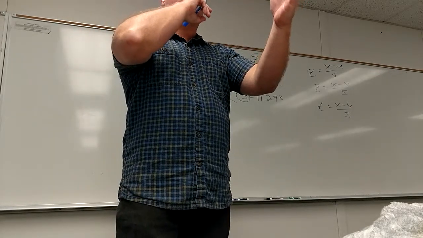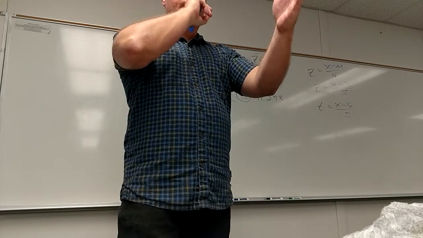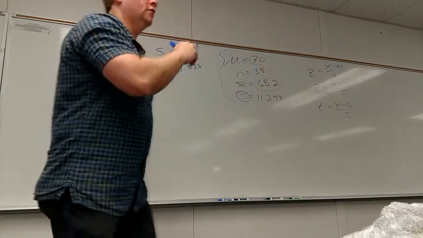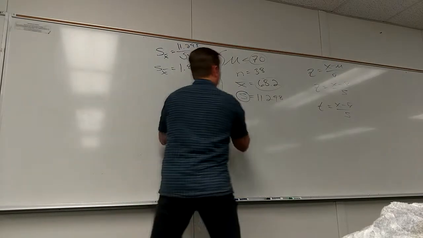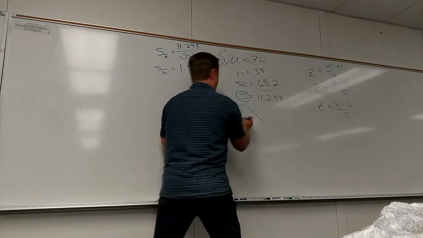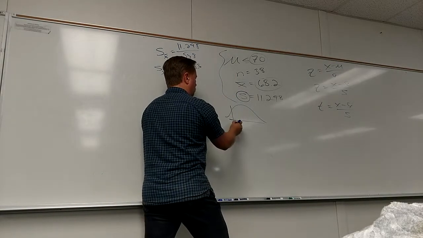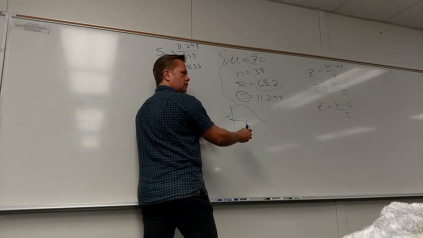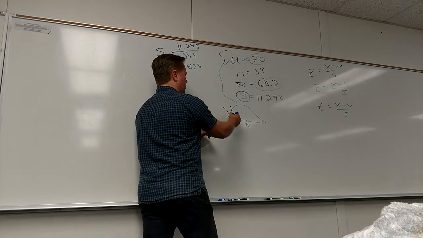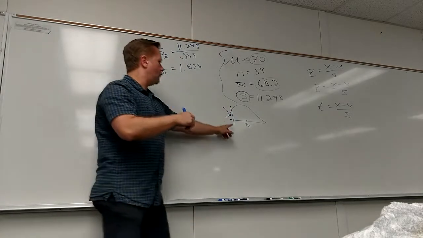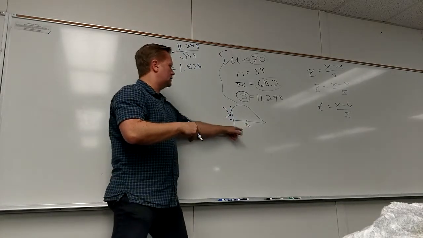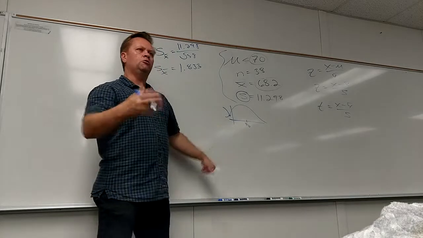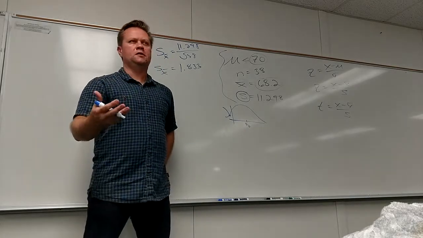Okay, so for example, I want to show evidence that the actual mean is less than 70. So how many steps down would be sufficient evidence?